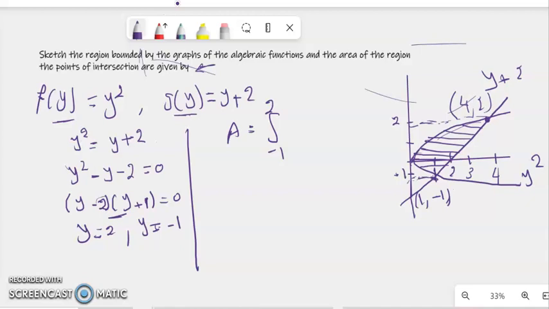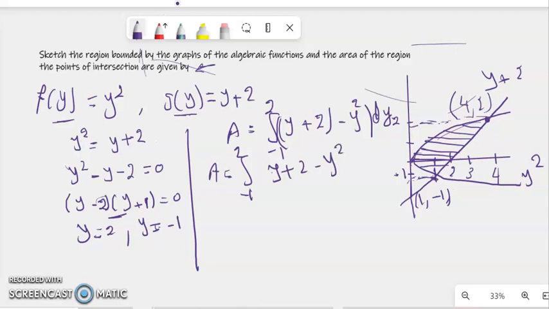Alright, so my integration limit is from -1 to 2, then y plus 2 minus y squared, all this dy. Let's simplify this. So A equals the integral from -1 to 2 of y plus 2 minus y squared dy.